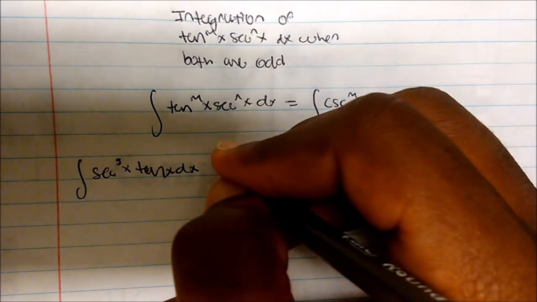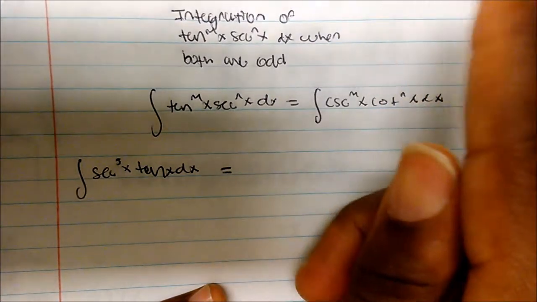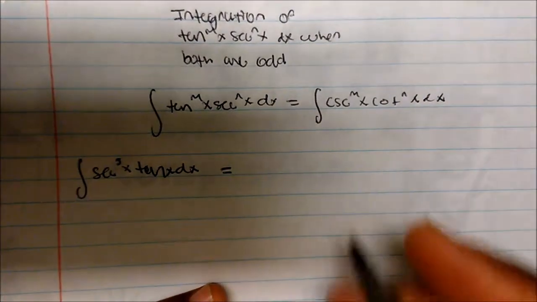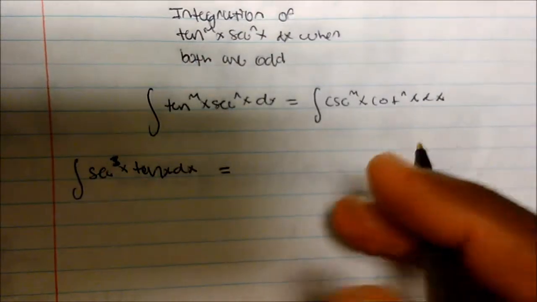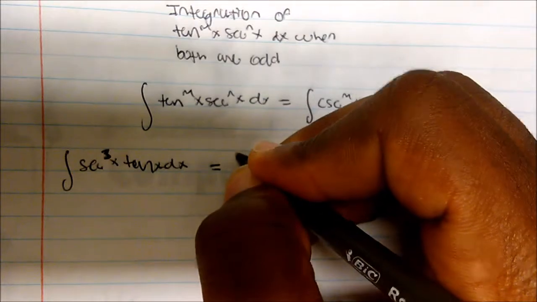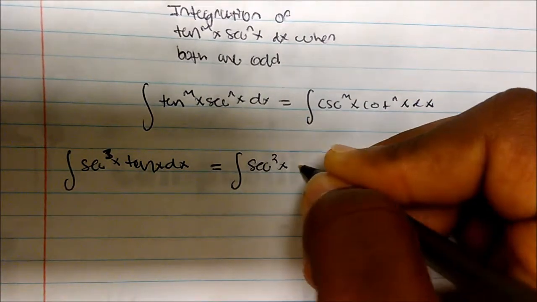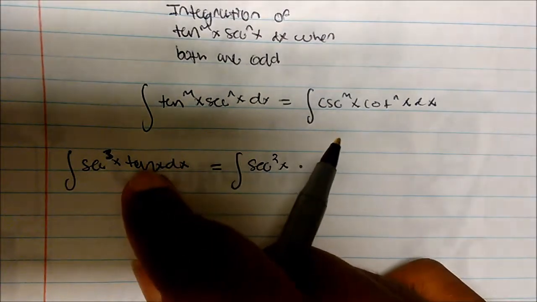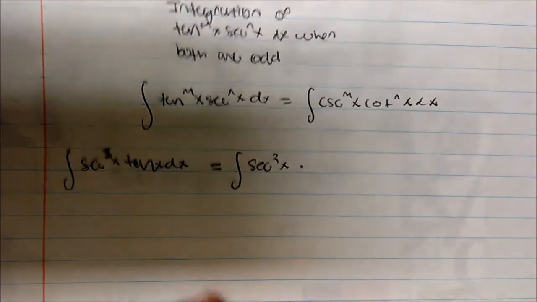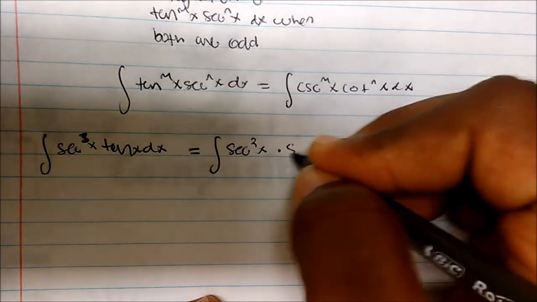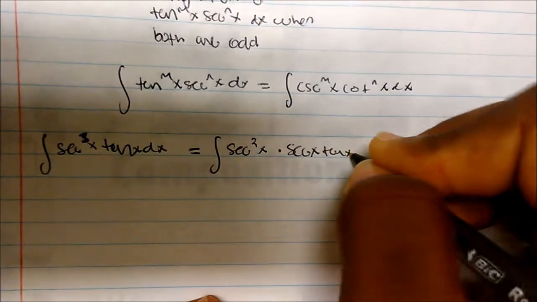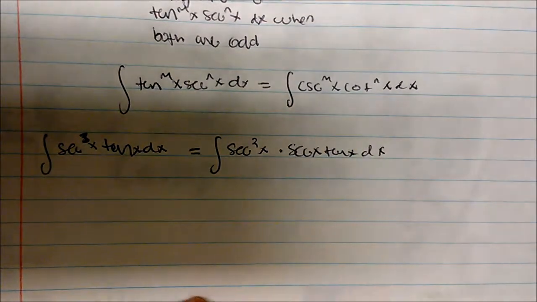And so my second line of defense is to rewrite the integral and borrow one from both, okay? This is a 3, so I want to be clear, and borrow one from both. So this now becomes the integral of secant squared of x times, well, in this case, because I only have one tangent, I cannot borrow. And so tangent will just stay like it is. So this becomes secant of x, tangent of x dx, okay? And so now we can see something different.